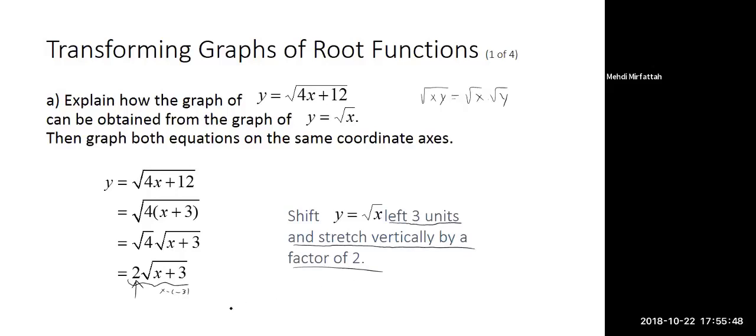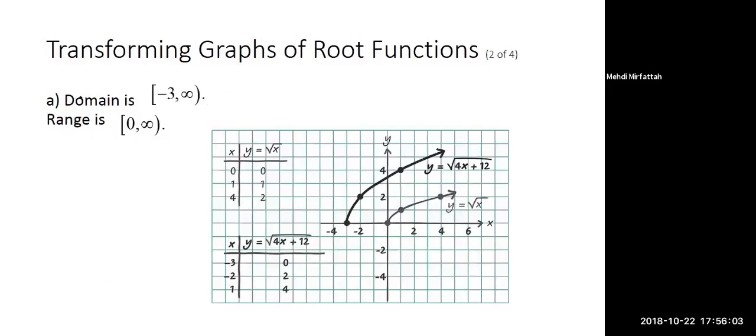At first, it wasn't quite obvious that this can be graphed by using the shifting method, but once we go through the simplification, we can see that right at this point. Then if you look at the graph, you can do this by hand or use your calculator. You can see the domain is from negative 3 to infinity, and the range is from 0 to infinity.